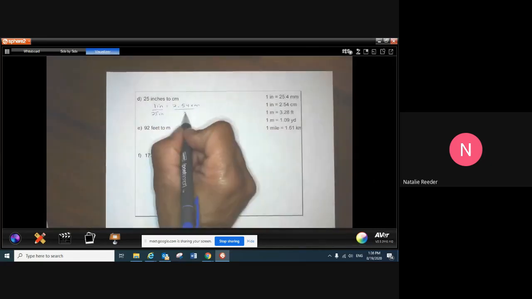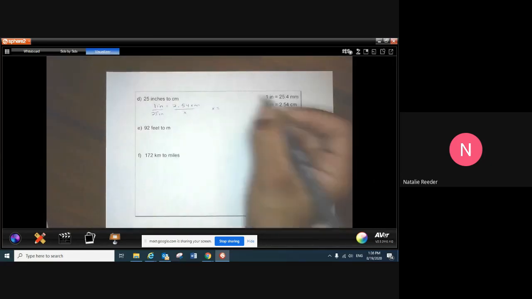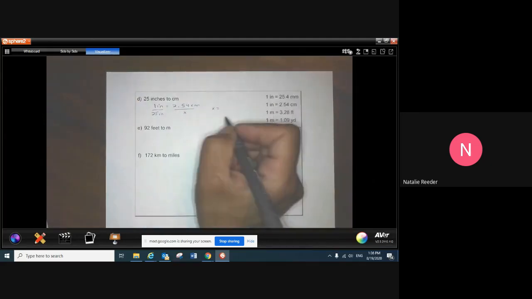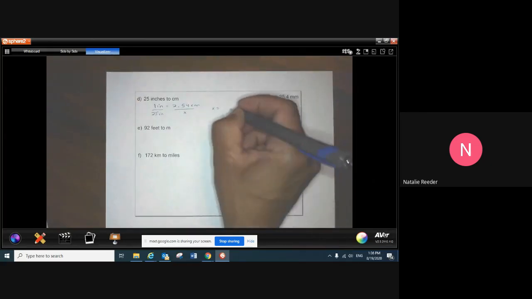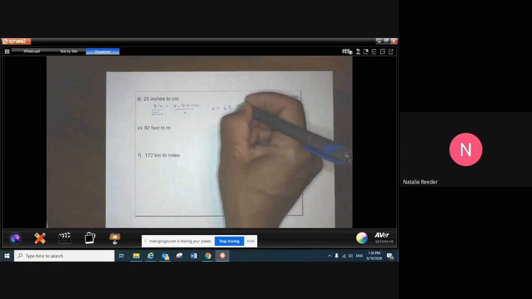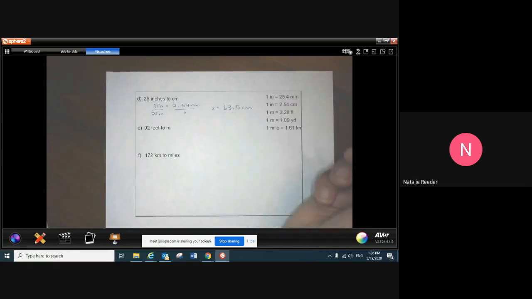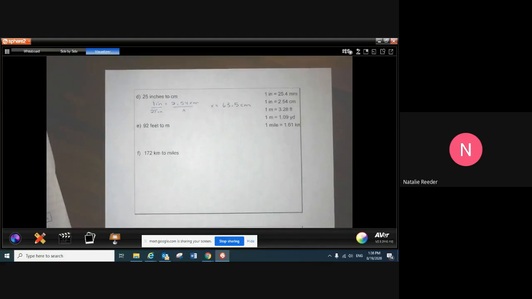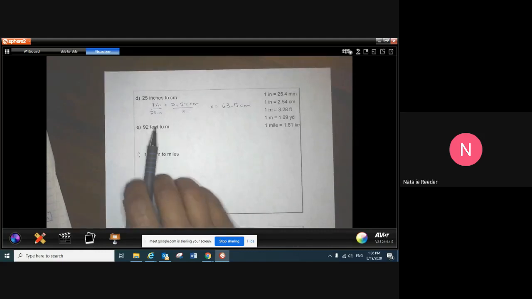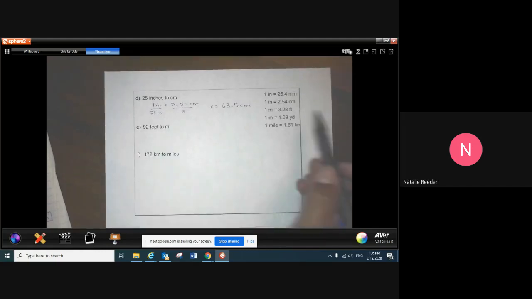Cross multiply, x times 1 is x, and 25 times 2.54 is 63.5 centimeters. So far, the 4 examples that I've done have all been the same. When you cross multiply, we multiplied, but there was no need to divide. Now you'll see in the next 2 examples that we'll have to do 1 extra step to solve for our variable.